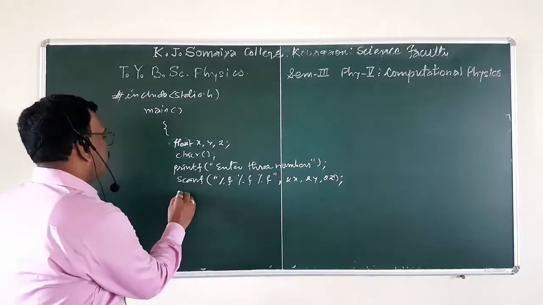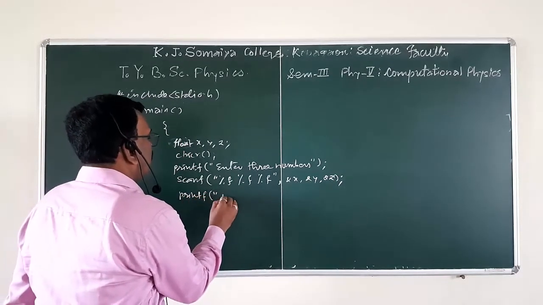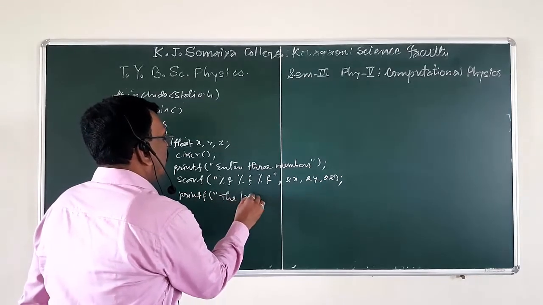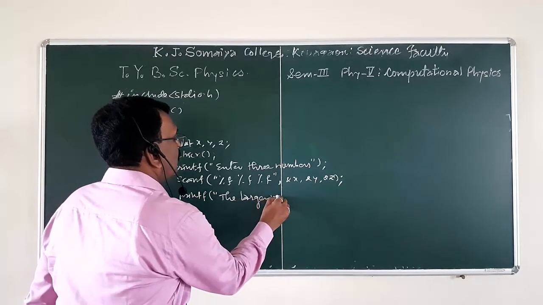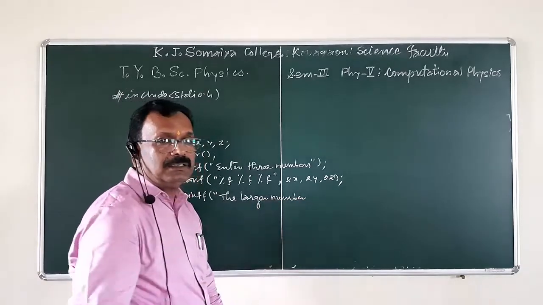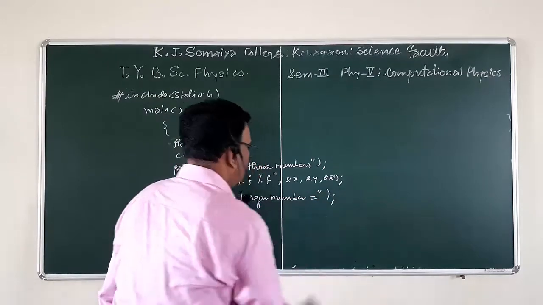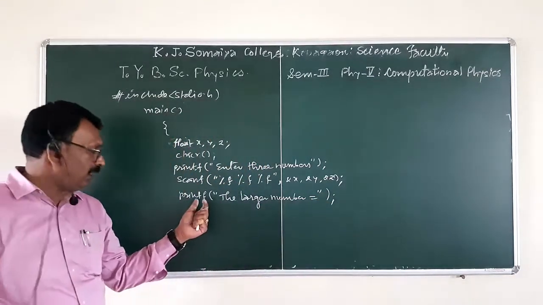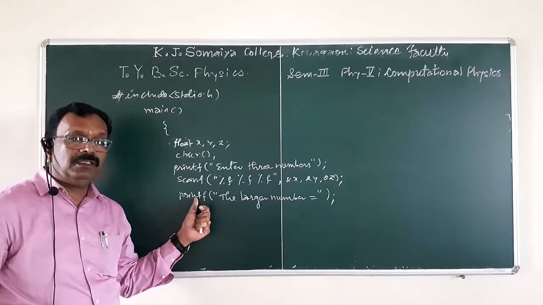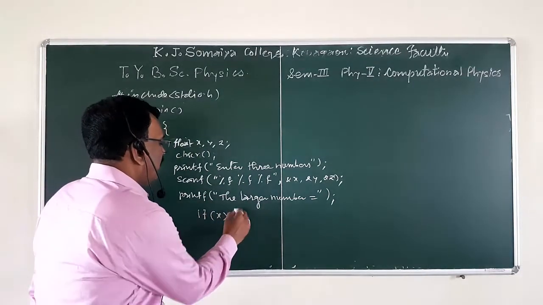Then printf "the larger number is". Now, this depends on the condition. For that purpose, the condition: if x is greater than y.